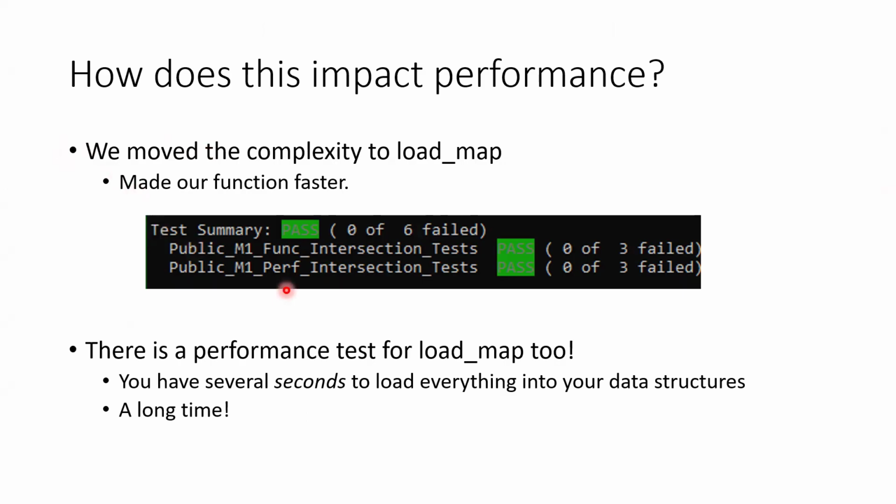Then the function is faster and you should be passing both of the intersection tests. Just be careful, there is a performance test for load map 2. It's not a very harsh test, but still make sure you're not abusing that.